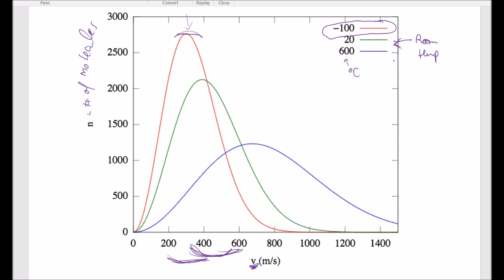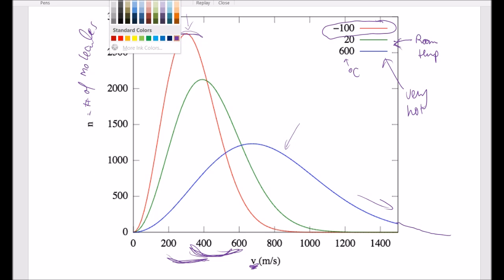And if we get very hot, this is hotter than your oven at home, then we have the molecular distribution with faster average velocities. And you can see this tail goes way out here, like so.